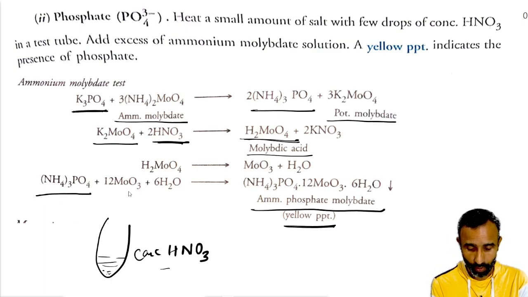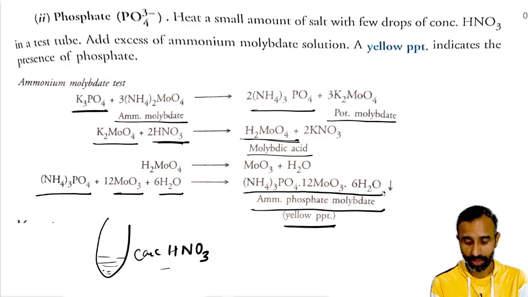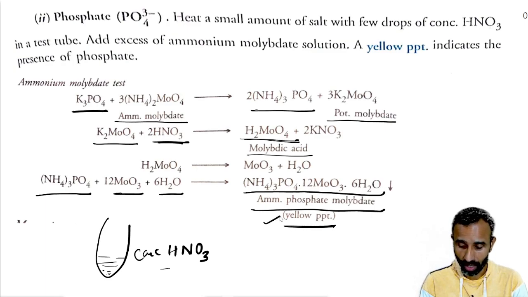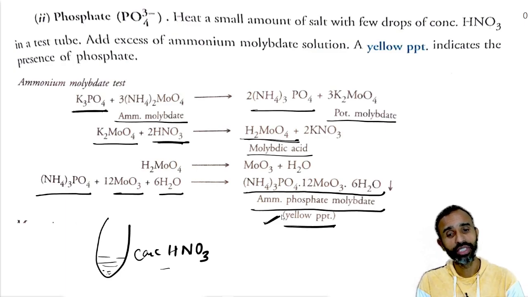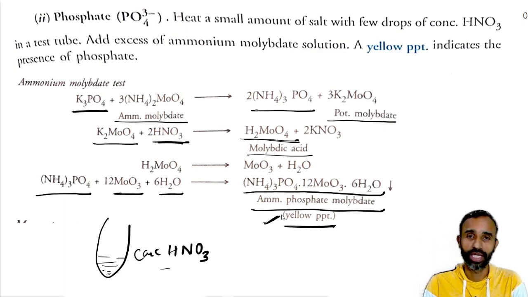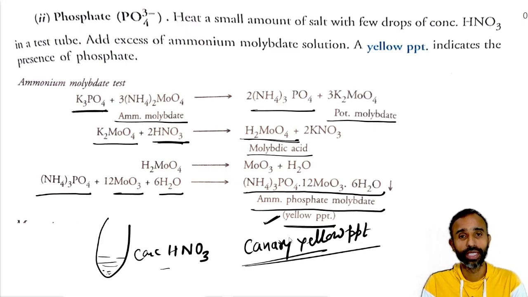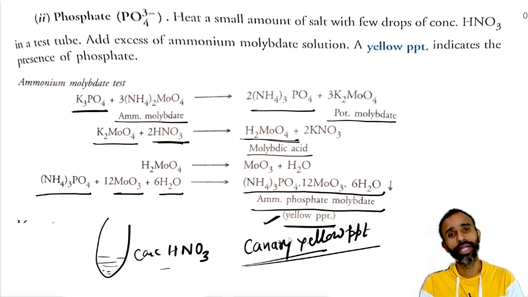Ammonium phosphate and MoO3, molybdenum oxide, give ammonium phosphomolybdate, (NH4)3PO4.12MoO3.6H2O. These are of yellow color. This yellow PPT, which is canary yellow type, a very bright PPT, indicates the presence of phosphate in the solution. So these are two independent tests.